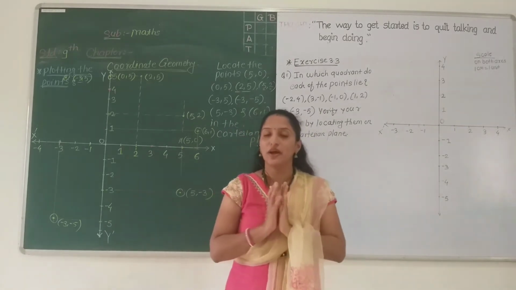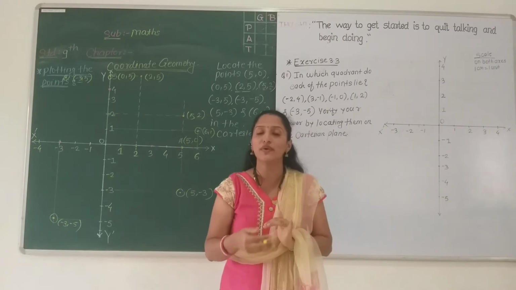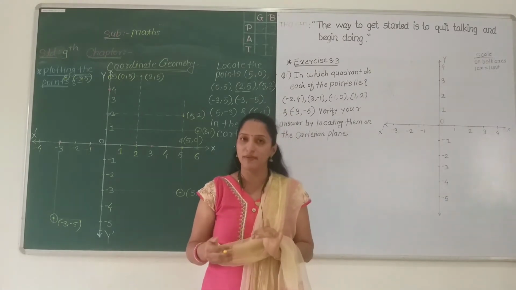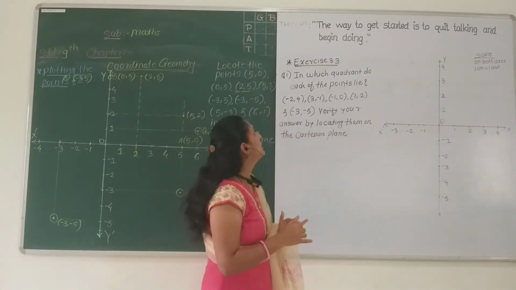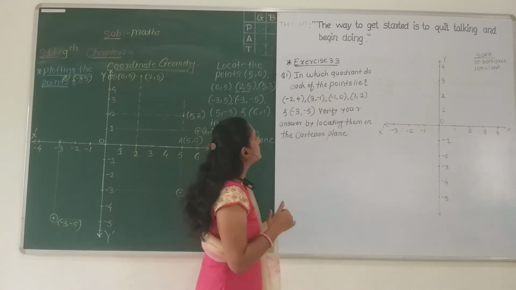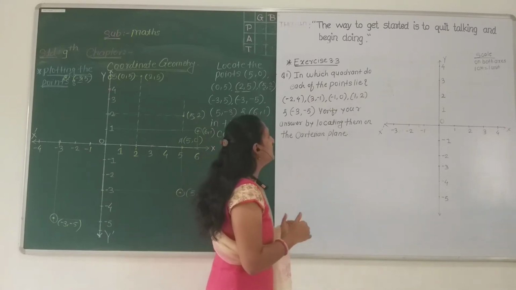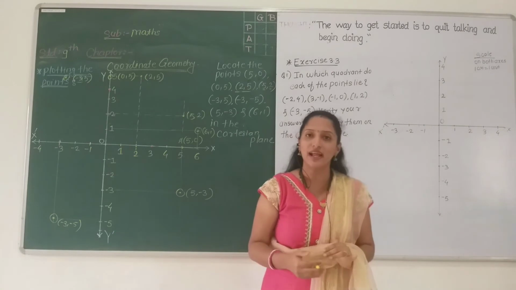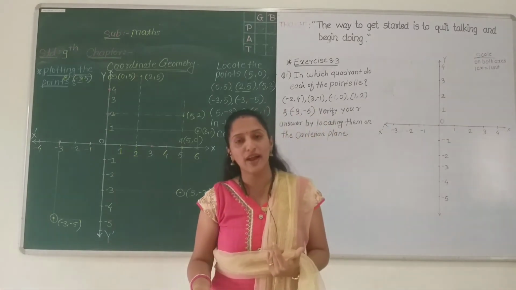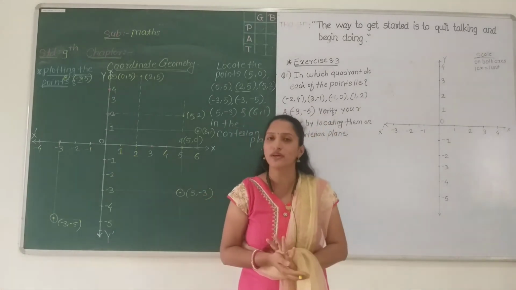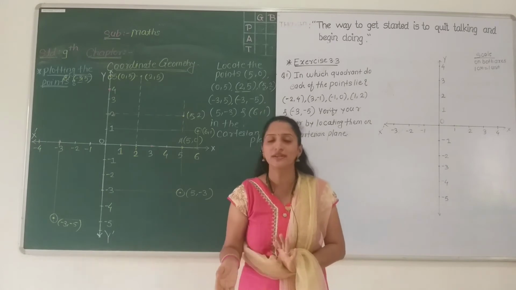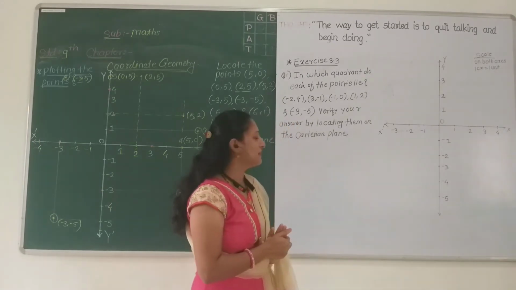First we have to answer without locating any point on the plane, name the quadrant in which the point lies, and after that we are going to verify whether our answer is correct after locating the point on the Cartesian plane.